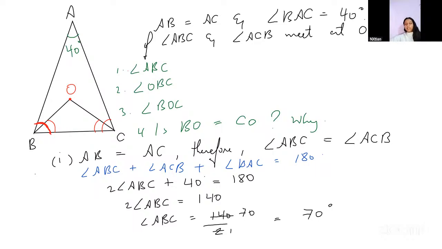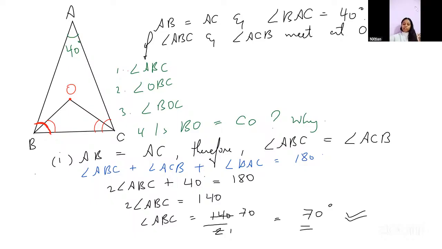This is the same as: one angle is 40, the other two are x and x. So x plus x becomes 2x, and 2x plus 40 is equal to 180. Then 2x is equal to 180 minus 40, 140. X is equal to 140 divided by 2, that is 70 degrees.